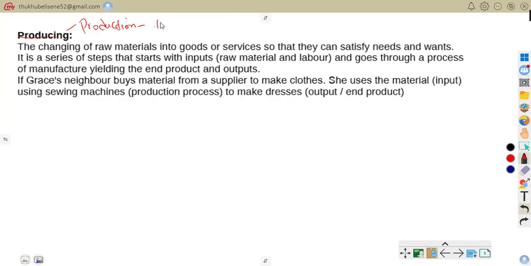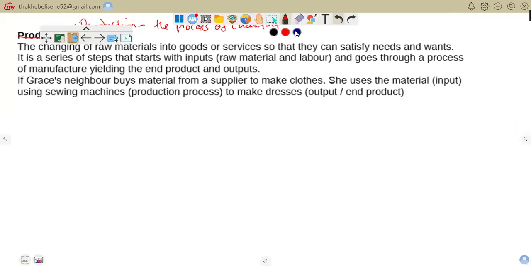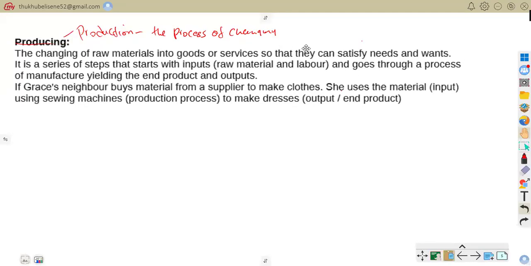Production is the process of changing raw materials into finished goods or services.